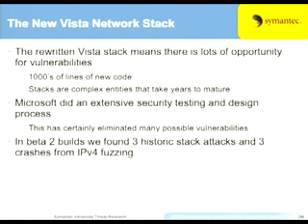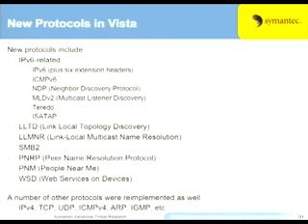And in fact, in a beta 2 build, we did find three historic, well-known stack attacks, like the land attack, and 3 crashes just from simple IPv4 fuzzing. So you make your own judgments on that. This is in beta 2.